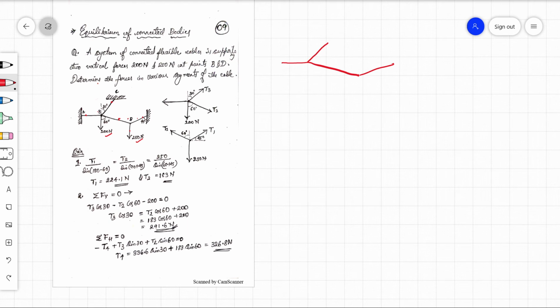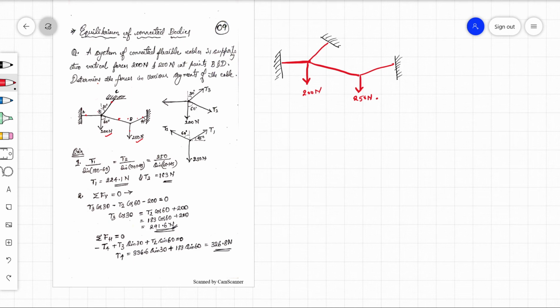This is a cable, and it is connected in three parts to some wall, or it is fixed somewhere. I hope you know, right? We show this in terms of a fixed support. And there are two loads, that is 200 Newton as well as 250 Newton.